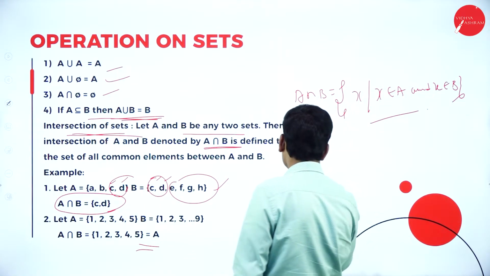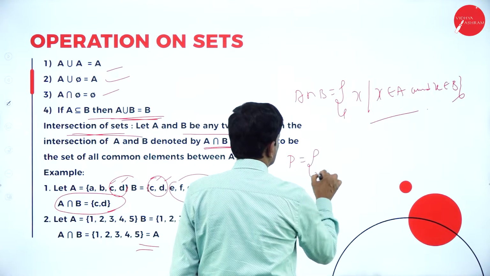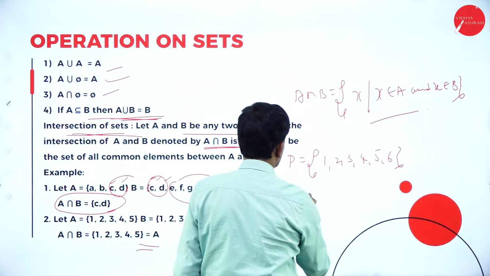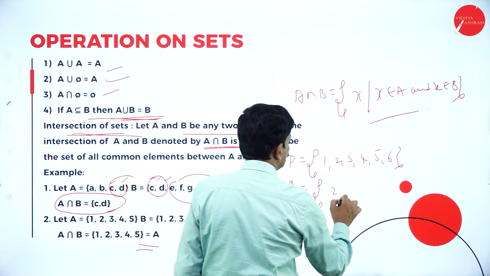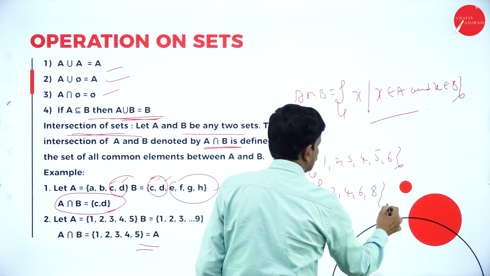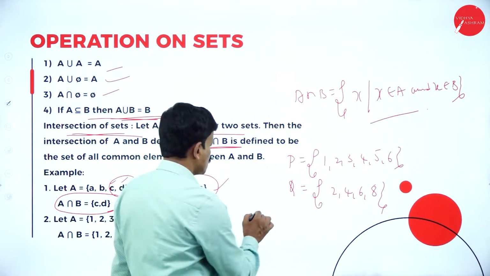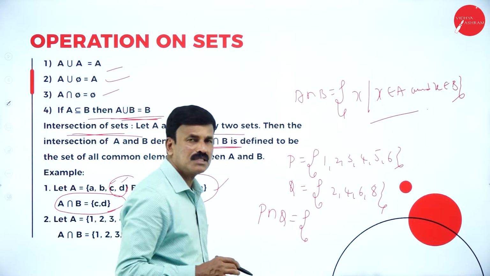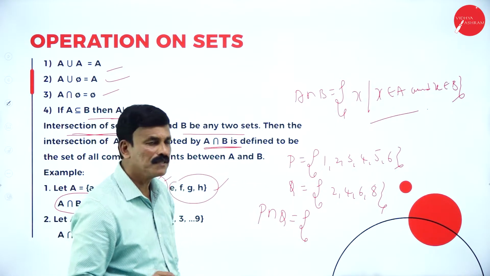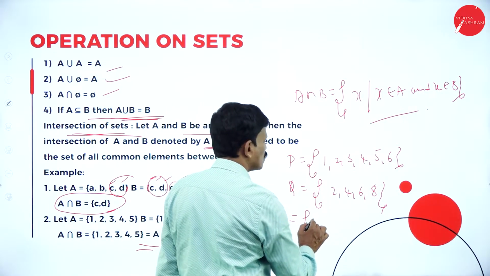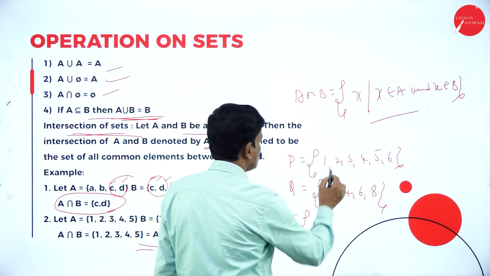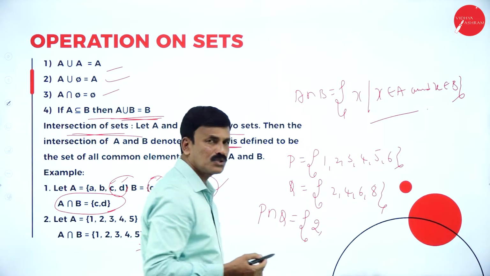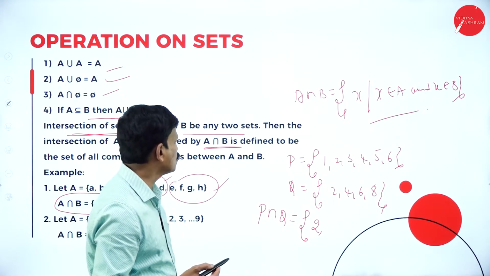Now let me take one more example. If P = {1, 2, 3, 4, 5, 6} and another set Q = {2, 4, 6, 8}, then the intersection of these two sets is denoted as P ∩ Q, the set of all elements which are in both P and Q. Now P contains 1, Q does not contain 1, so we cannot take it. 2 belongs to both P as well as Q. 3 is not there.